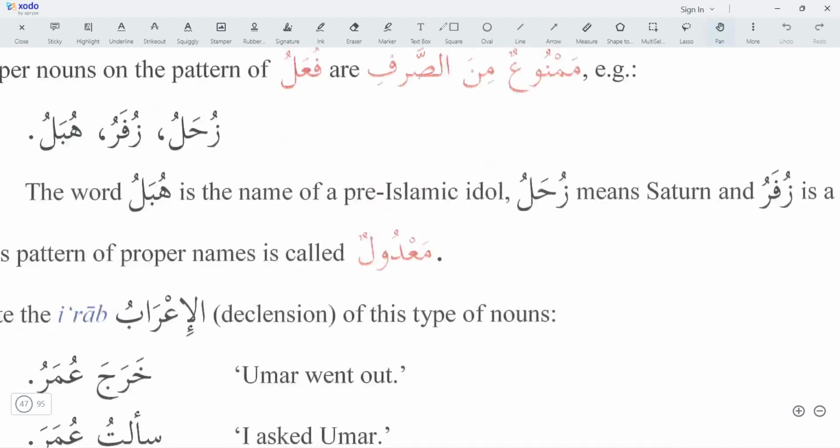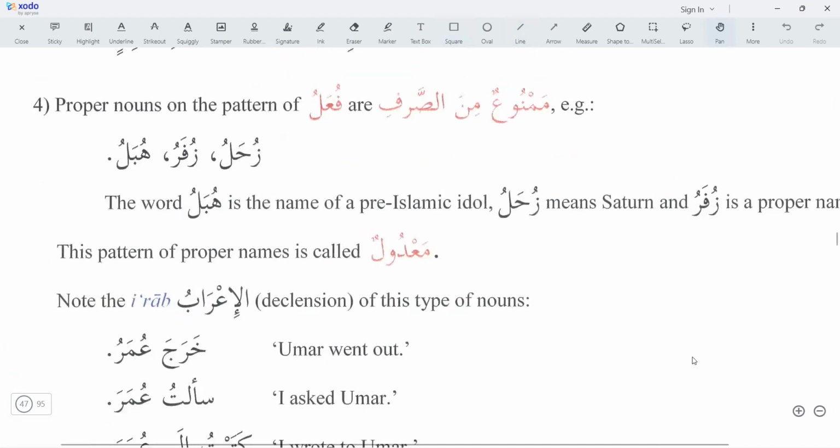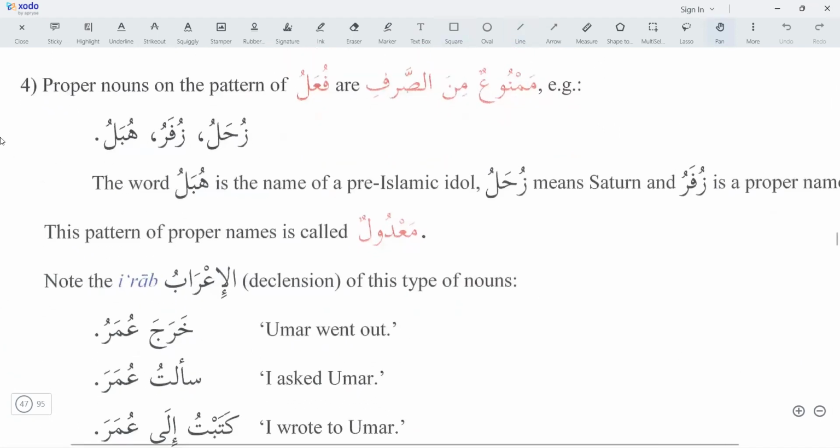Next is the proper nouns on the pattern of fu'alu. The proper nouns on the pattern of fu'alu are mamnu min as-sarf.